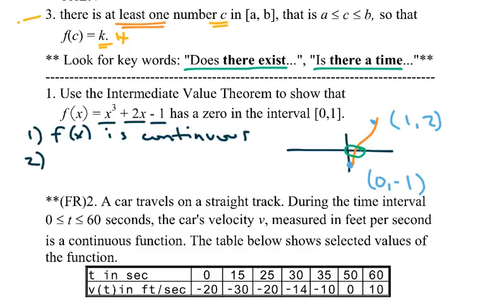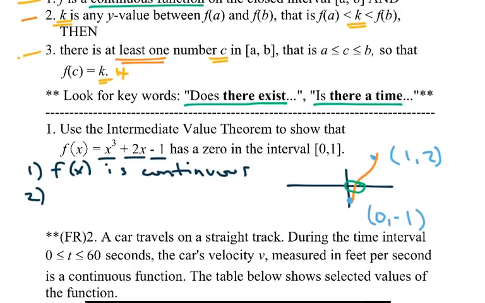2. Now we want to say k is a value between f of a and f of b. So we have to show that this 0 is between f of 0 and f of 1. Well, f of 0 was negative 1, and f of 1 was 2.